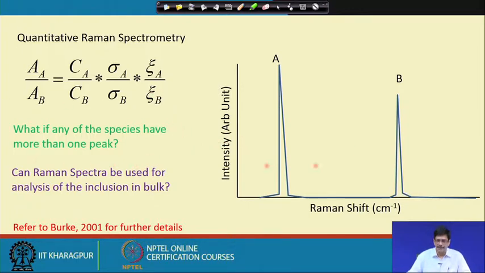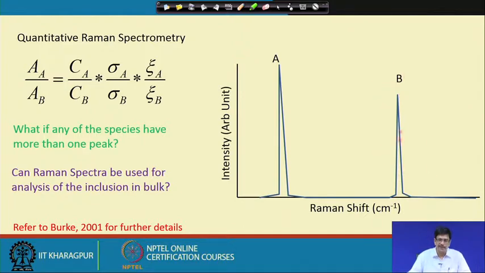Sometimes it so happens that we are interested in determining the composition in terms of the concentration ratio of two gaseous species like methane and carbon dioxide. As we just discussed, and we will also see in the subsequent slide, carbon dioxide has more than one peak corresponding to the Fermi diad, one at 1285 and the other at 1388.